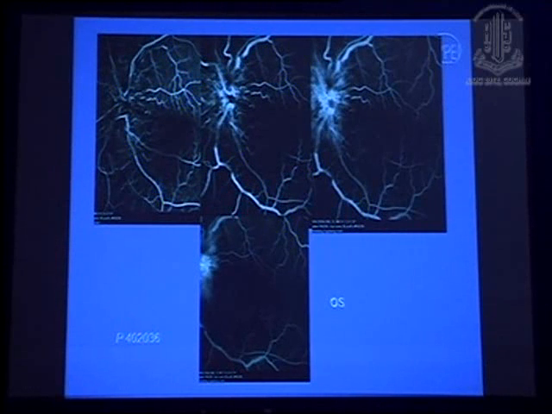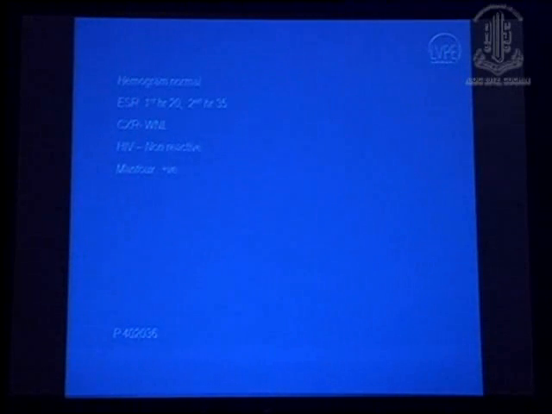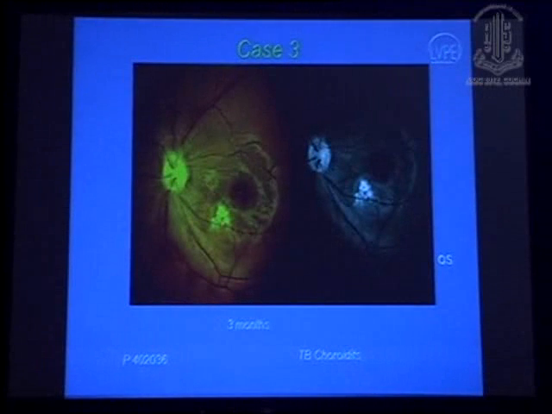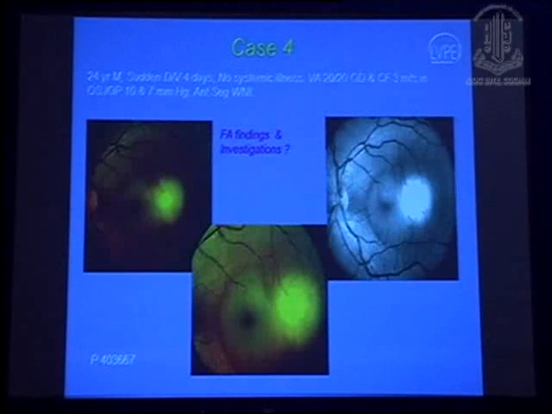What is confusing in this clinical picture is the disc edema, which takes your attention and you miss this lesion. This was investigated and started on ATT, and this is the final picture of this patient, which was treated successfully and vision is recovered.